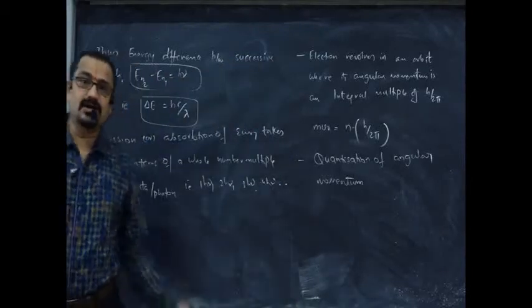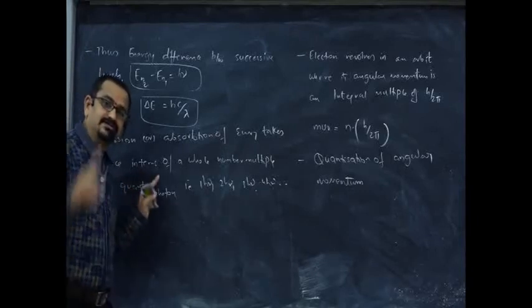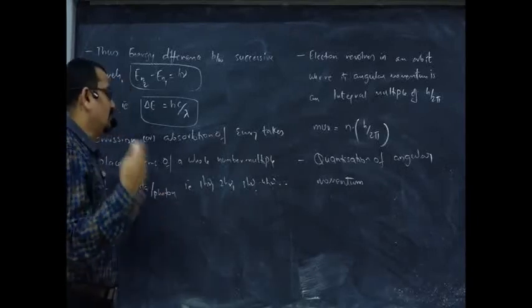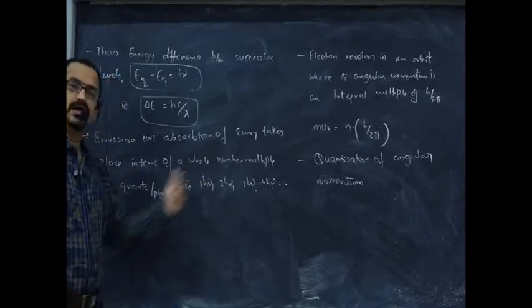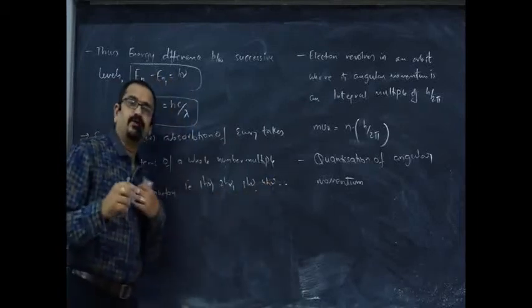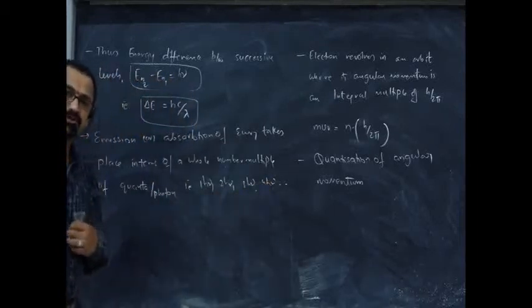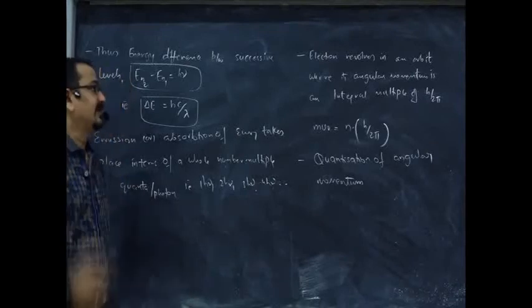This emission or absorption of energy takes place either in terms of one photon or a whole number multiple of it, meaning 1 h nu, 2 h nu, 3 h nu, and so on. This point was taken from Max Planck's quantum theory; actually, it was already specified by Max Planck.